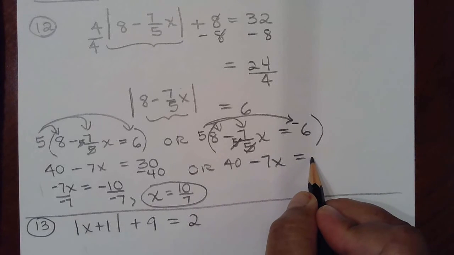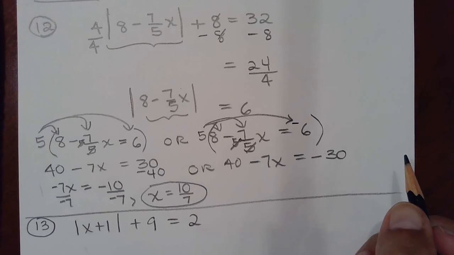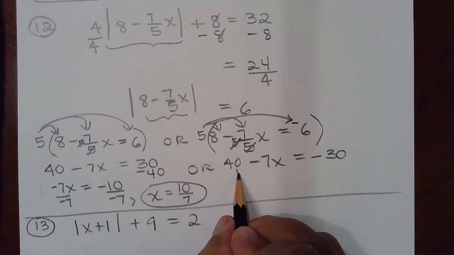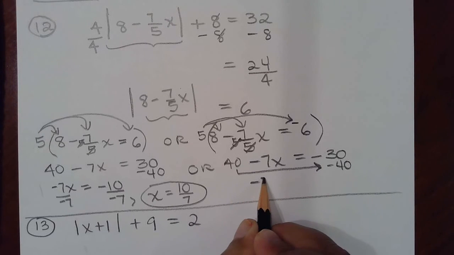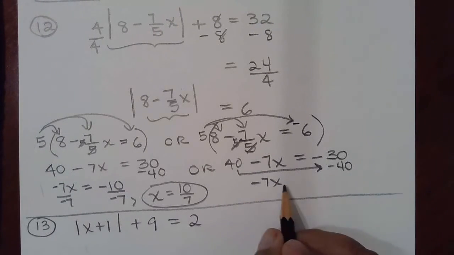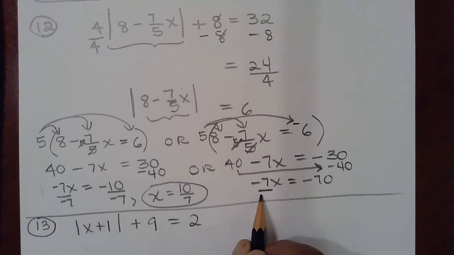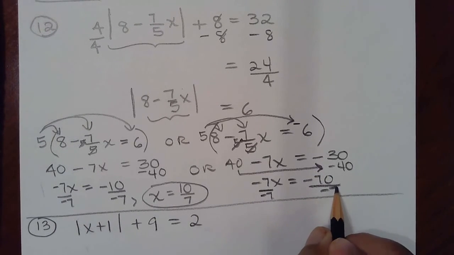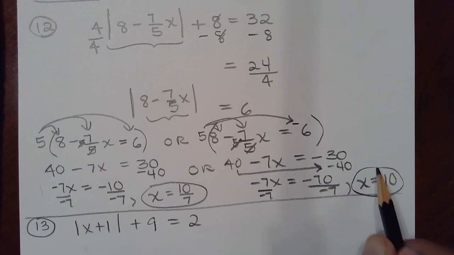And then 5 times -6 is -30 this time. Again, isolating the x term, you're going to bring the 40 over here. And instead of what you got in this scenario, you're going to have -70. Divide both sides by -7, and your other answer becomes 10. Okay, those are your 2 solutions.